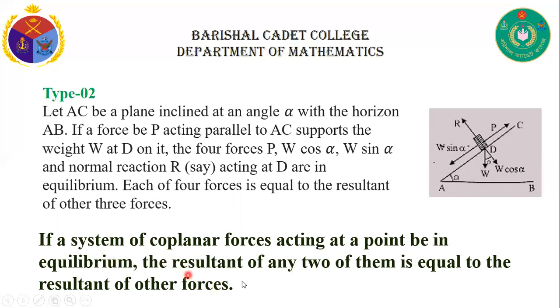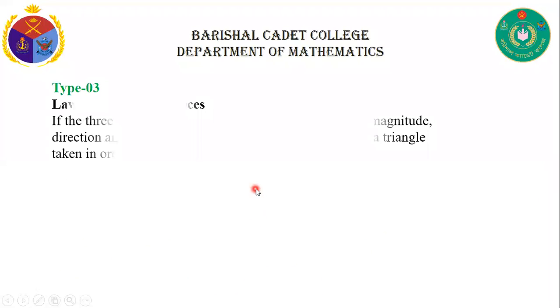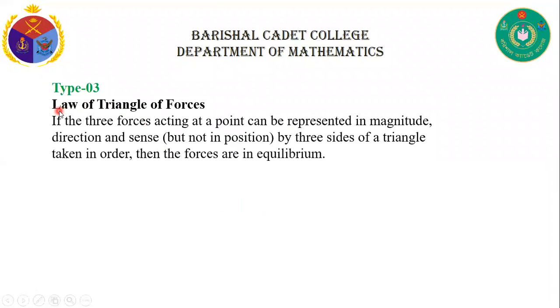Okay, so now type 3. The third is the law of triangle of forces. In the previous section, the triangle has three sides with three forces acting, and you have to find their resultant.